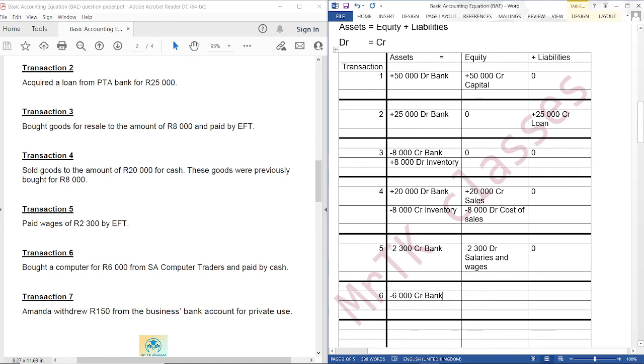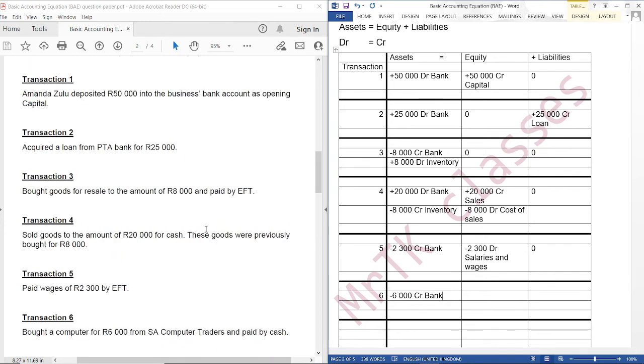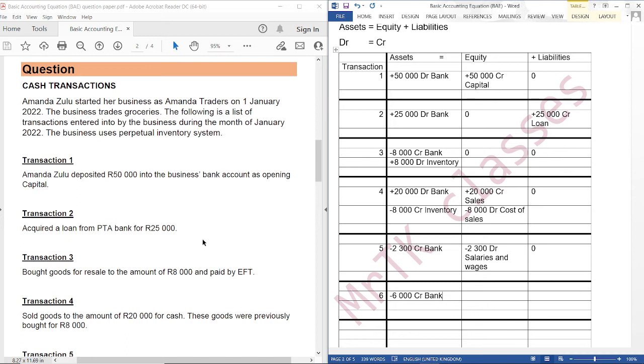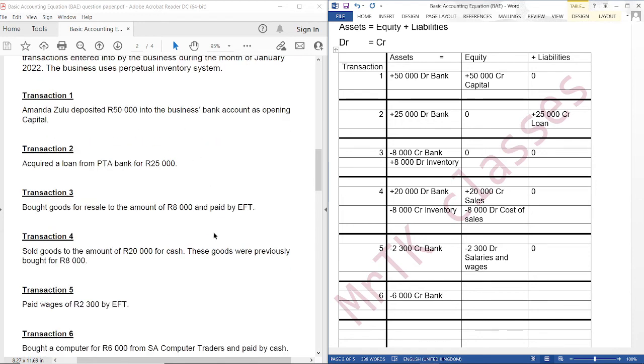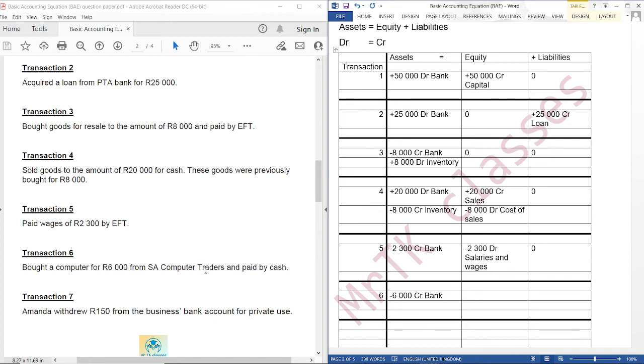So it is not going to be inventory because, in our business, we are just saying we are the accountants of this business, and in our business we are buying and selling groceries. So since we are buying and selling groceries, a computer is not going to be inventory. It is going to fall under computer equipment.